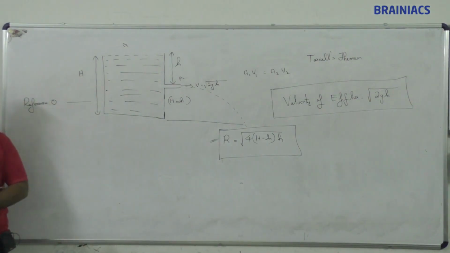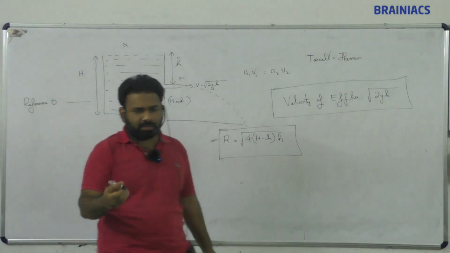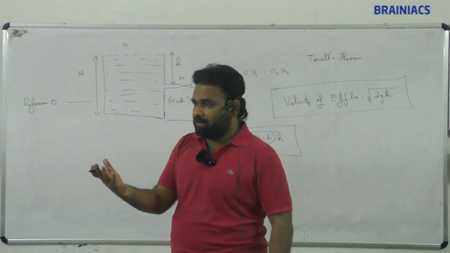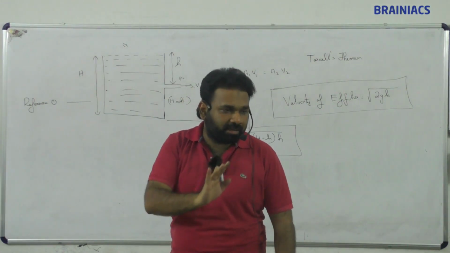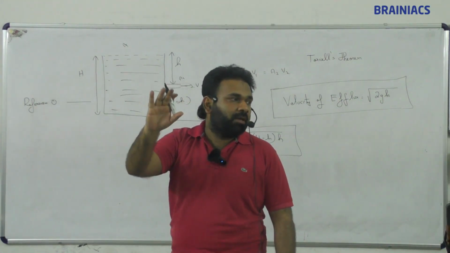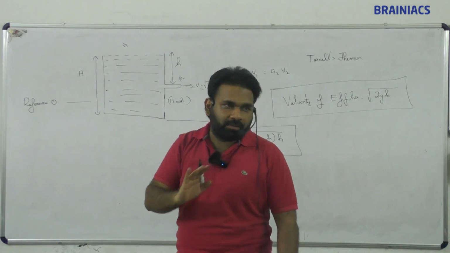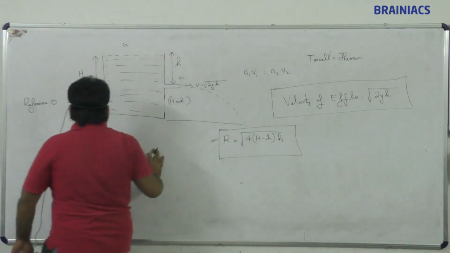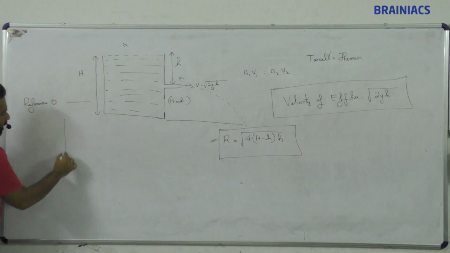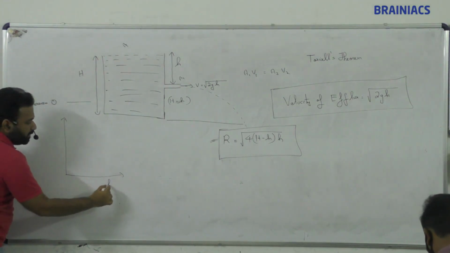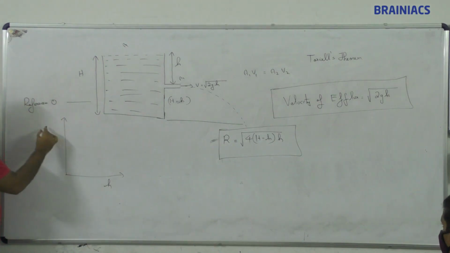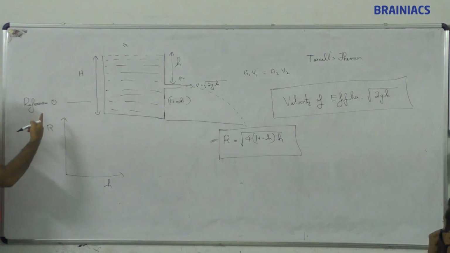Okay, just like y and x, y is varying based on the change in x. So suppose if we draw a graph based on this height, the range is varying.